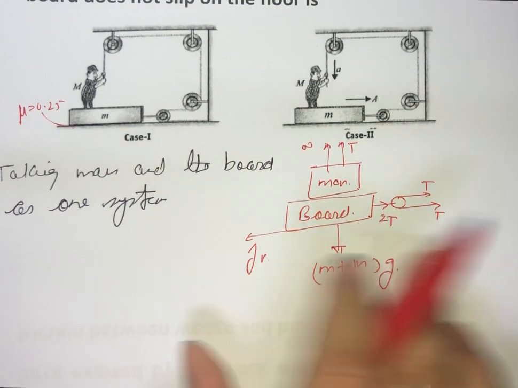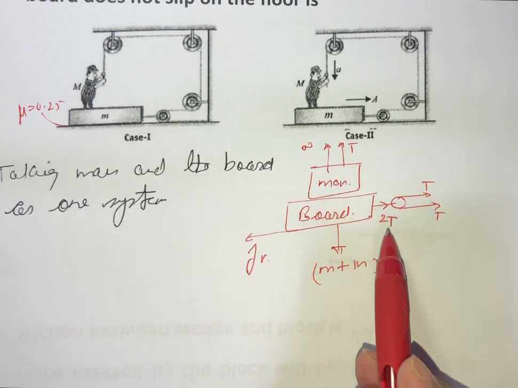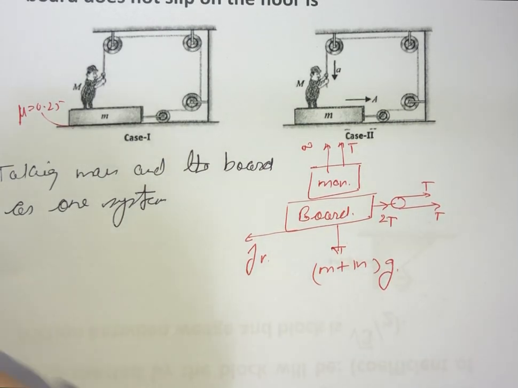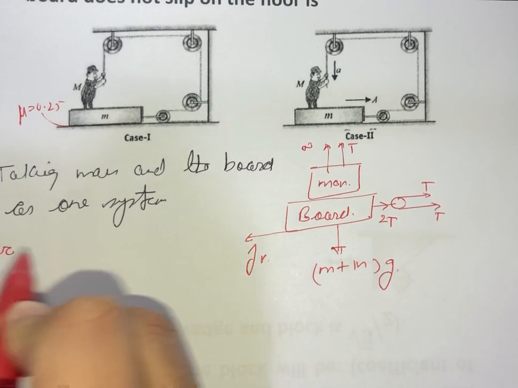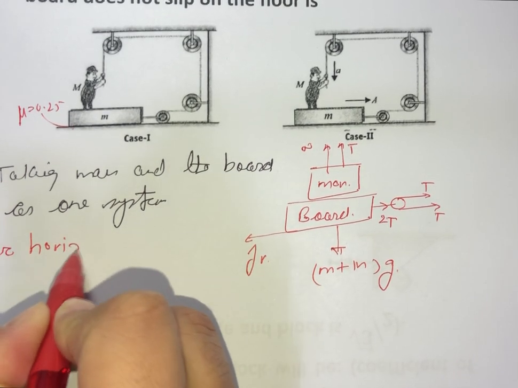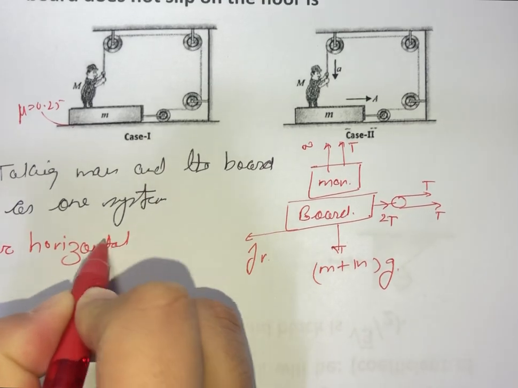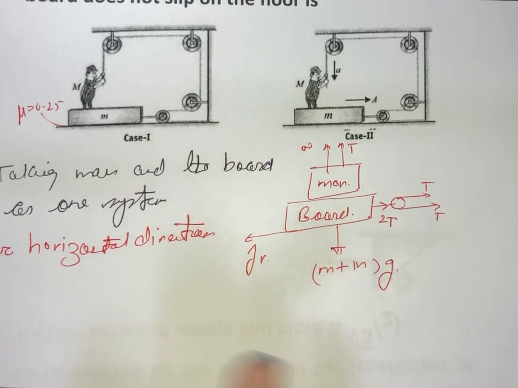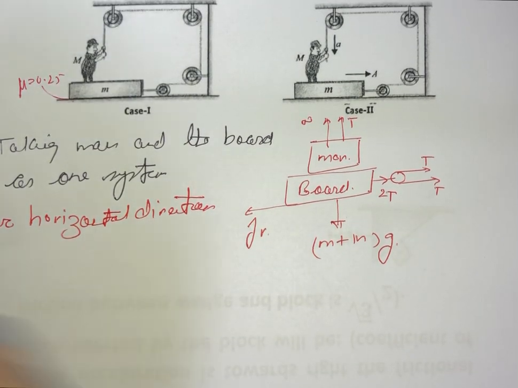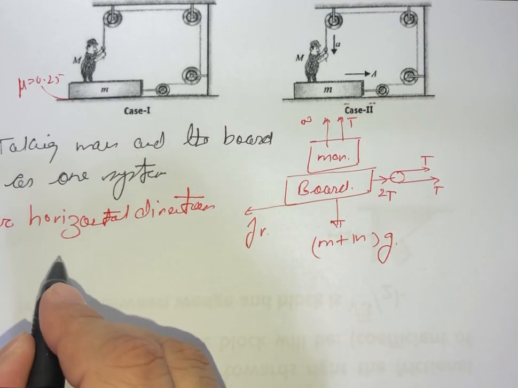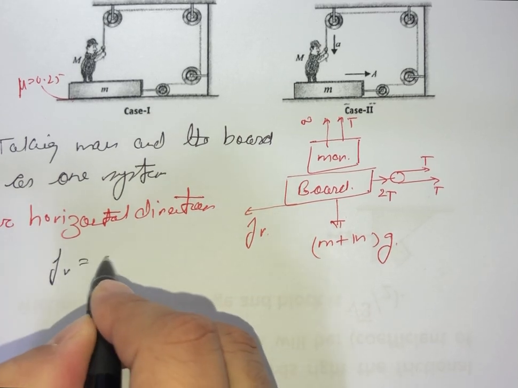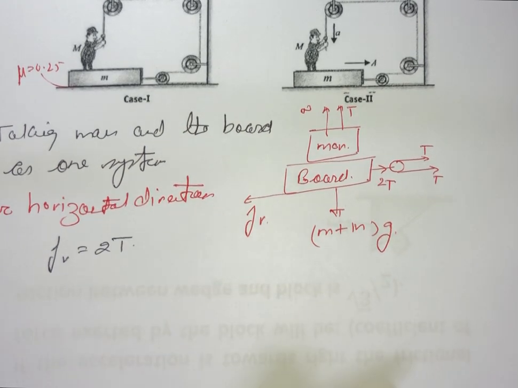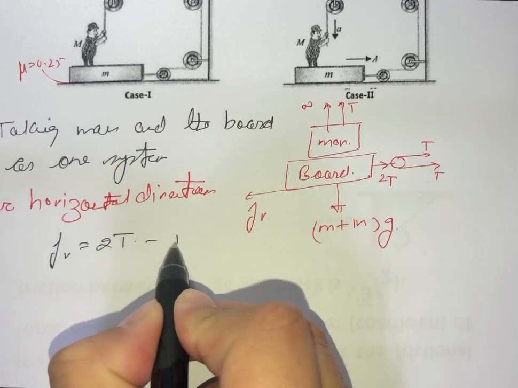So first equation in the horizontal direction will be 2T is equal to Fr. Okay, for horizontal direction we have Fr is equal to 2T. Let us call this as equation number 1.